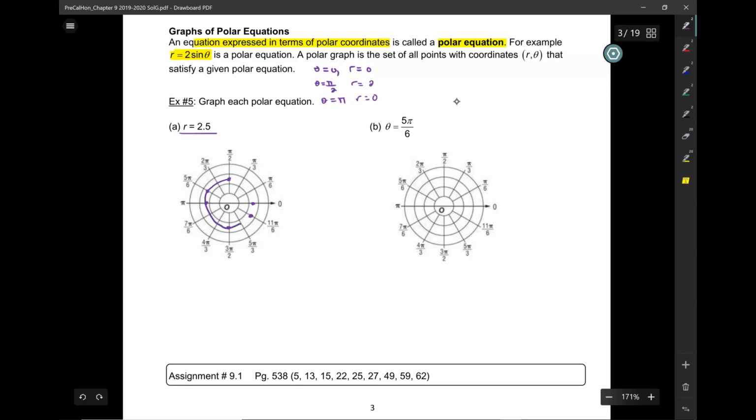So if you have r equals a number, that's the set of all points which are 2.5 units away from the pole.